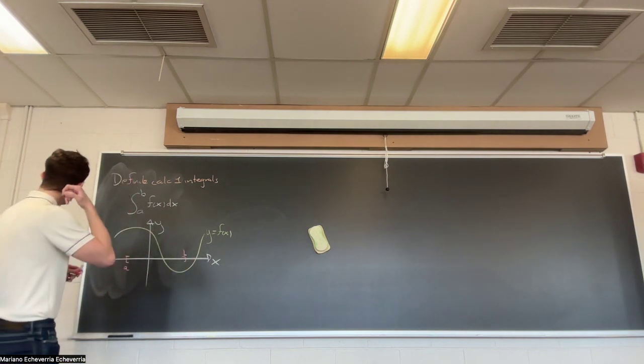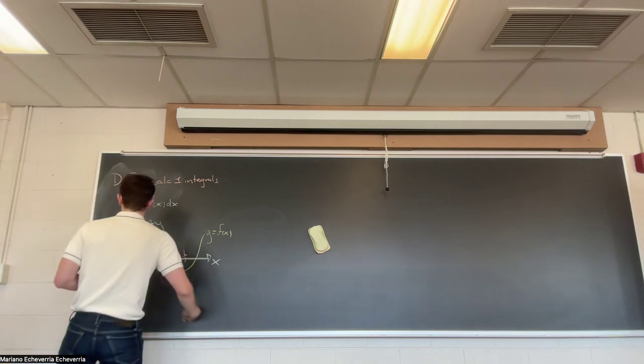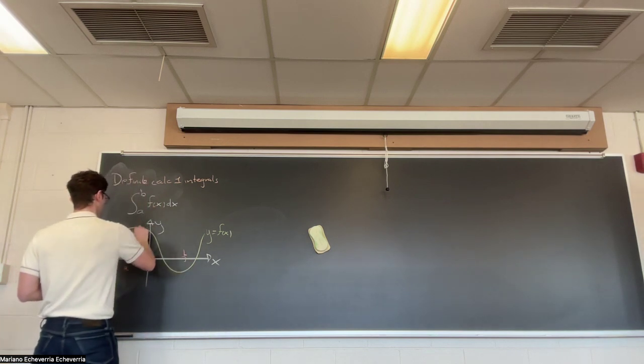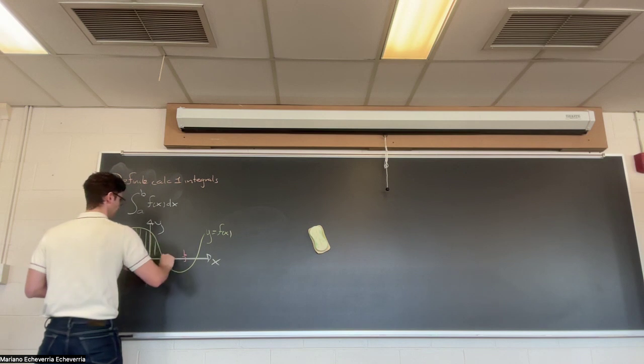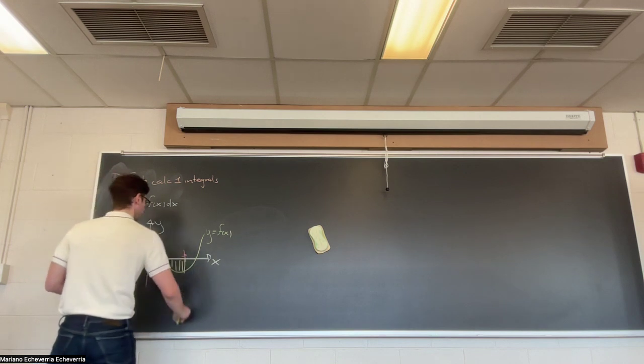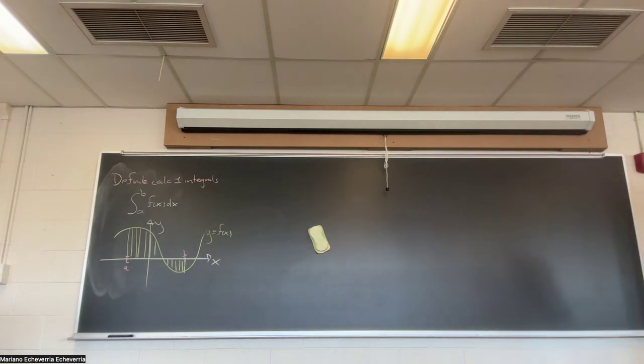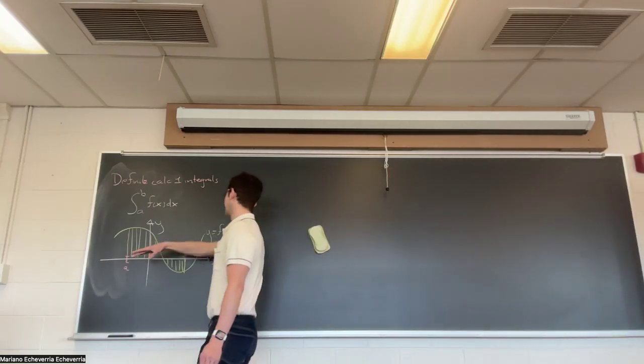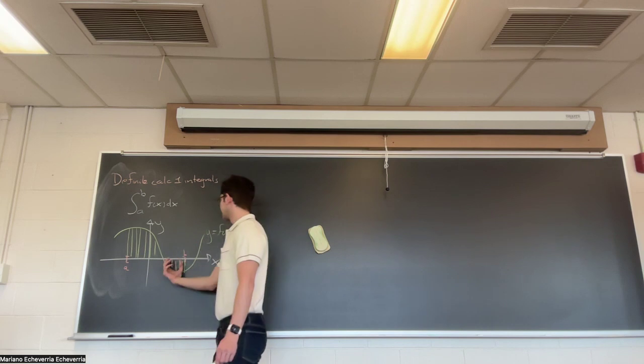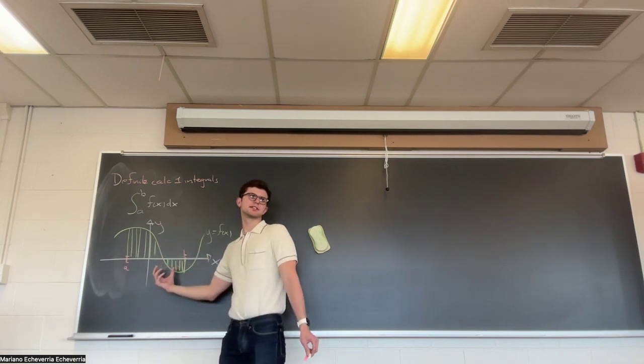So the integral corresponds, as you may remember, to the area between the graph and the axis, with the care that if the graph happens to be below the x-axis, then this area in the integral counts as being negative.